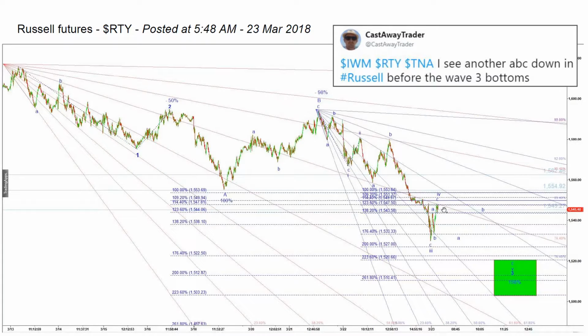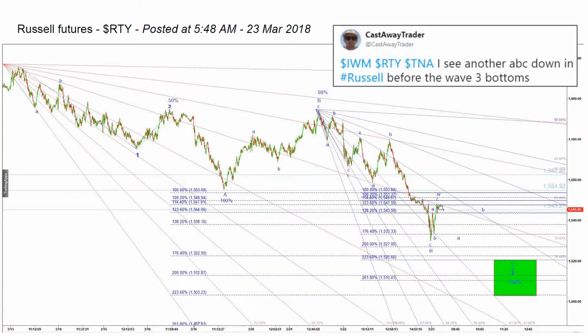So I correctly mentioned that we got ABC up, and that was a corrective looking pullback. And I thought, okay, so at that time it should get to 176.4 extension. It can even stretch to 200% extension, but not less than that.